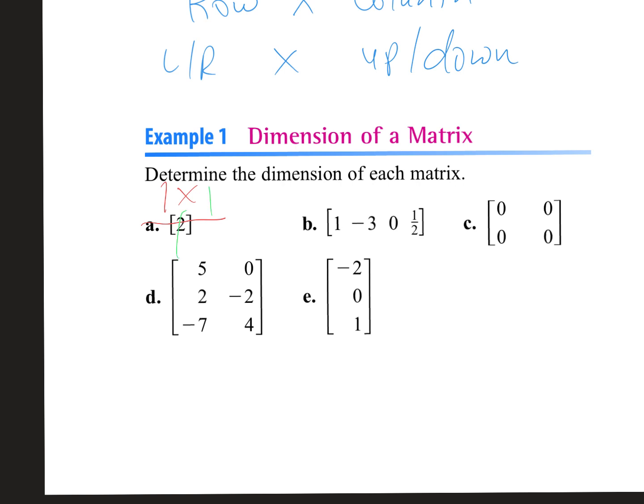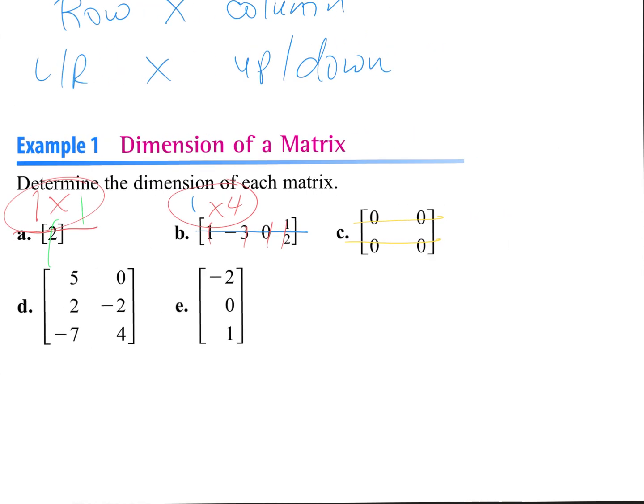Left to right by up and down. Here, how many rows? 1. And how many columns? 1, 2, 3, 4. So this is a 1 by 4. How many rows here? 2, by how many columns? 2. That's a 2 by 2.